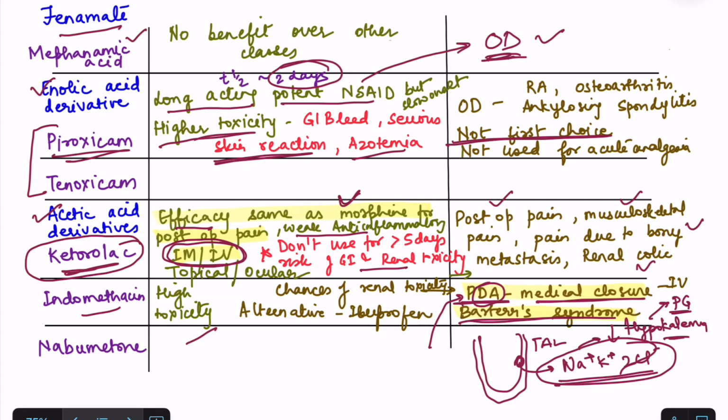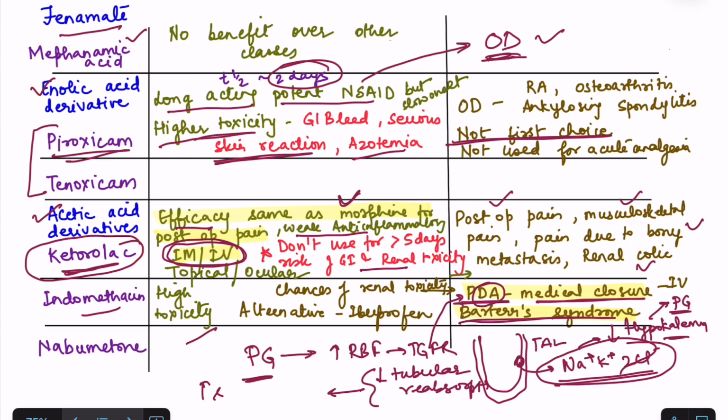Now, we have seen in the prostaglandins' actions that prostaglandins cause increase in the renal blood flow, increase in GFR, and they also decrease the tubular reabsorption. So once prostaglandins are produced and there is decreased tubular reabsorption, that means it is going to cause increased salt and water loss.